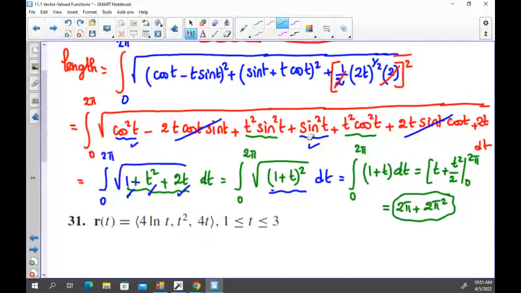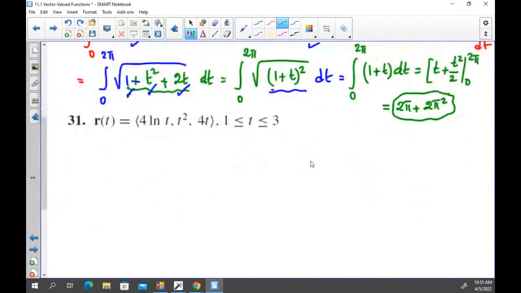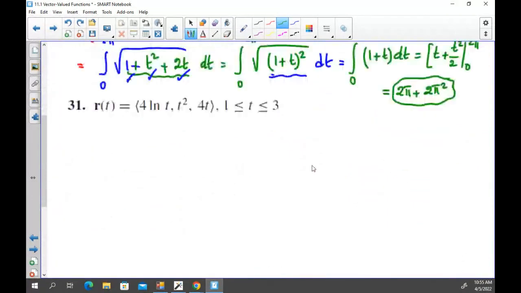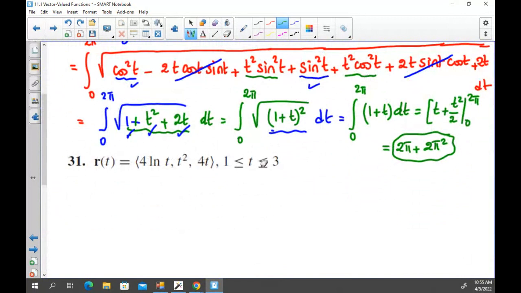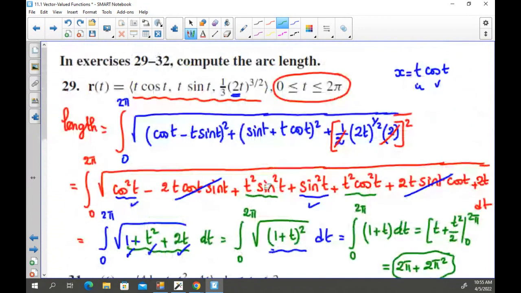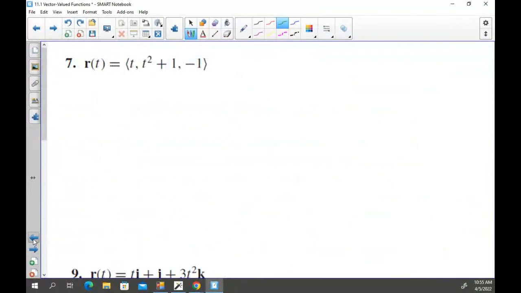So that's this section done. I repeat, 31 is very similar to the example we did, so you can try it. It's very simple, very similar to what we did before.